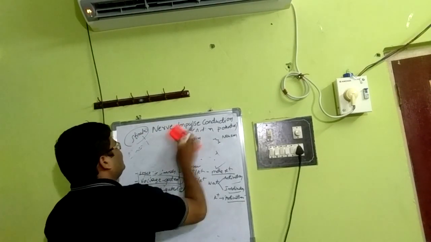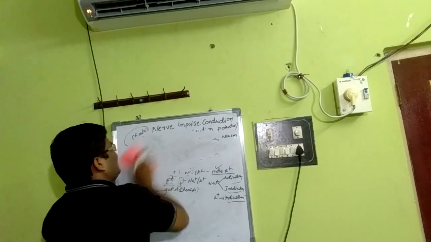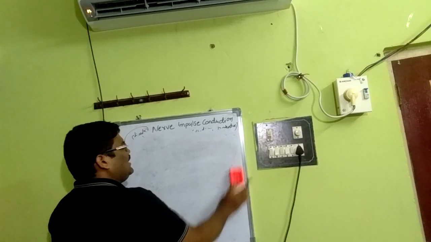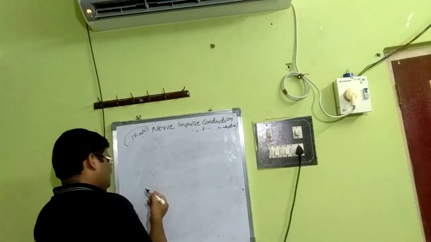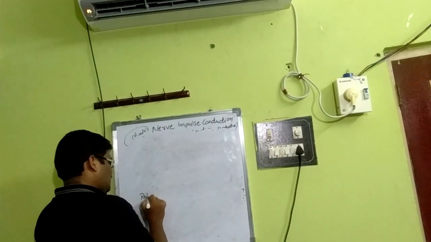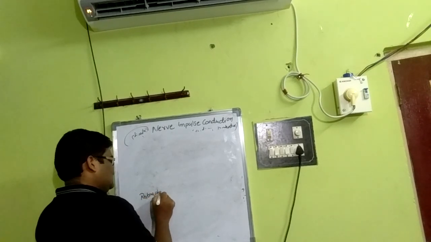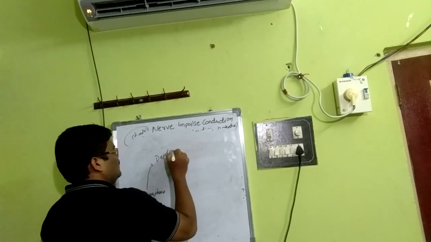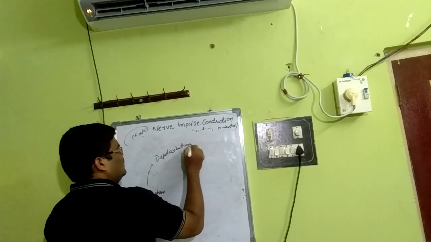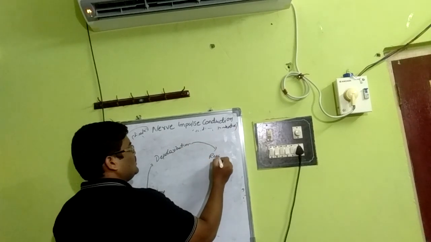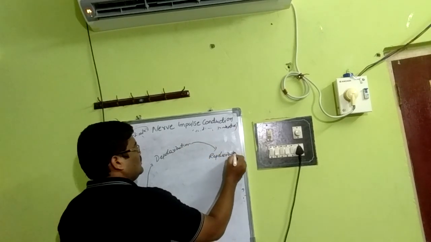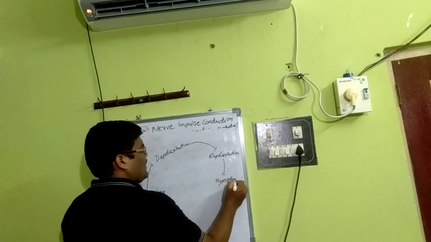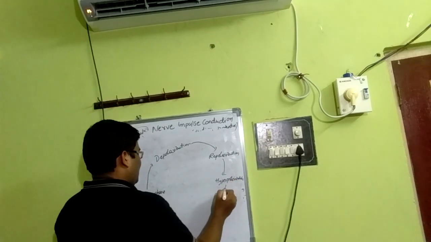Actually, there are 4 phases in action potential or nerve impulse conduction. What we call resting phase, next phase is depolarization phase, next phase is repolarization phase, then hyperpolarization, again resting phase.